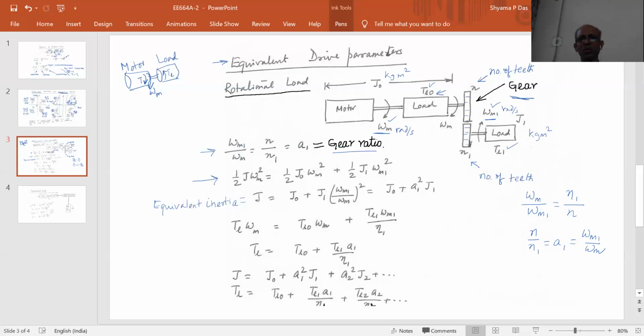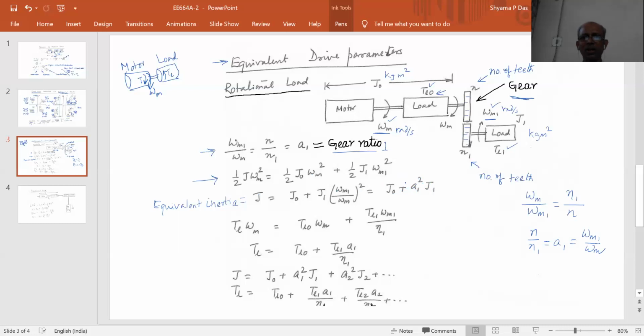A1 is called gear ratio 1. So the equivalent inertia J is equal to J naught plus A1 square J1. It is reflected on the motor side as J naught plus the gear ratio square times J1.